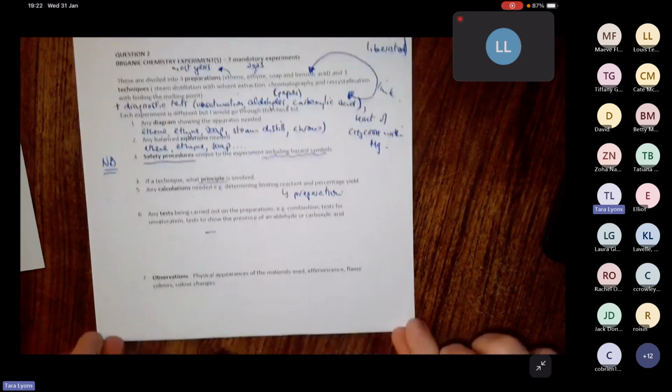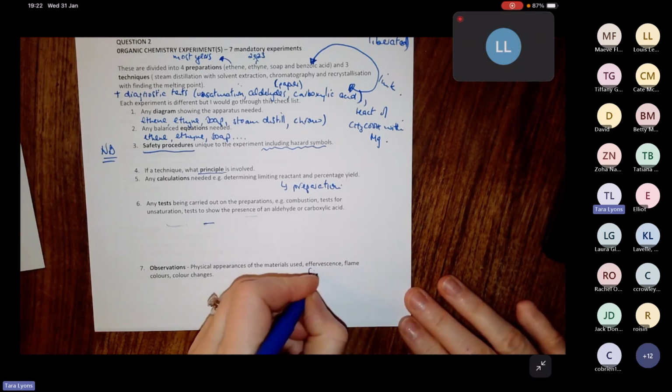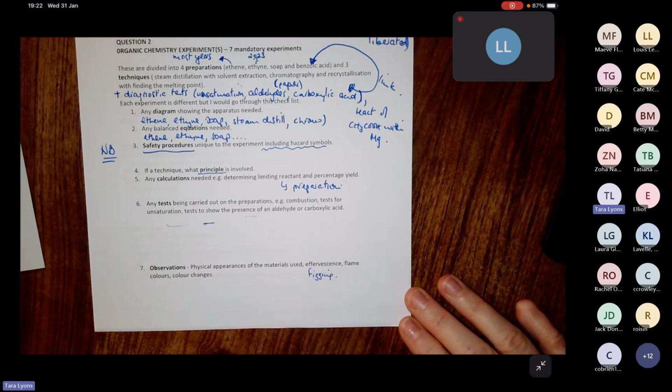Observations. You're meant to have carried these experiments out, and while you were doing them, you're supposed to have noticed the physical appearance of the materials used. So if they're solutions, are they colourless or do they have a colour? Do you know what I mean? Do you get effervescence during a reaction, meaning fizzing due to the release of gas? Is there effervescence?